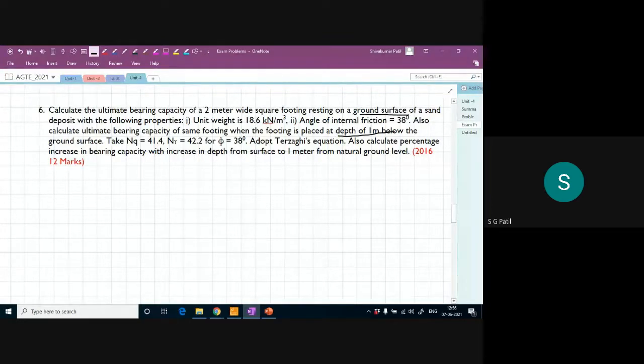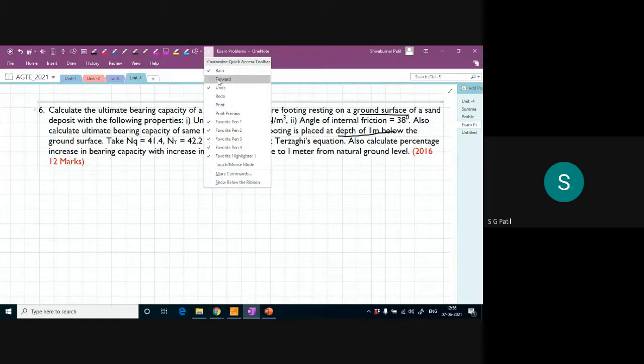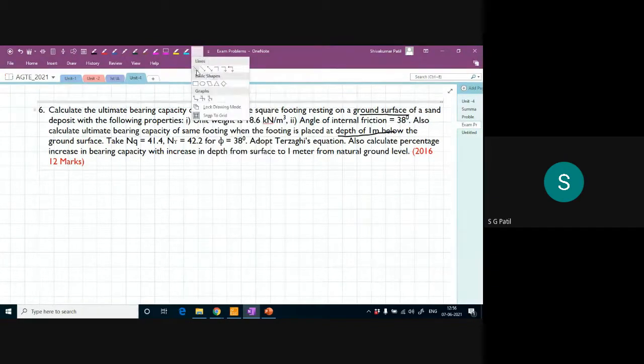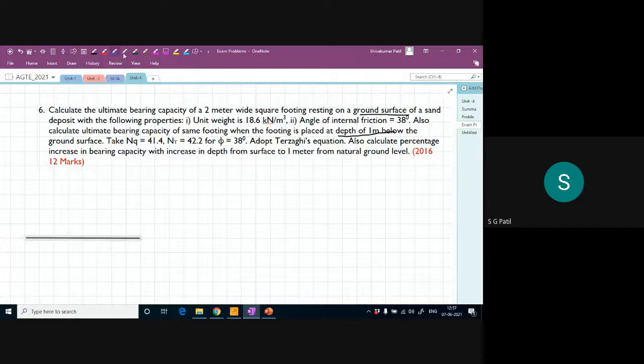First let me draw the figure. Please take a pen and paper and also a calculator, so you can solve along with me.